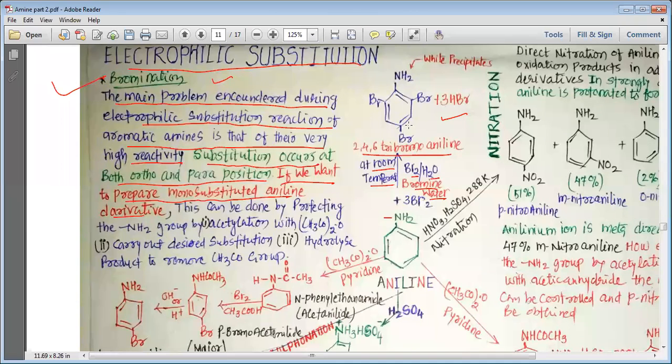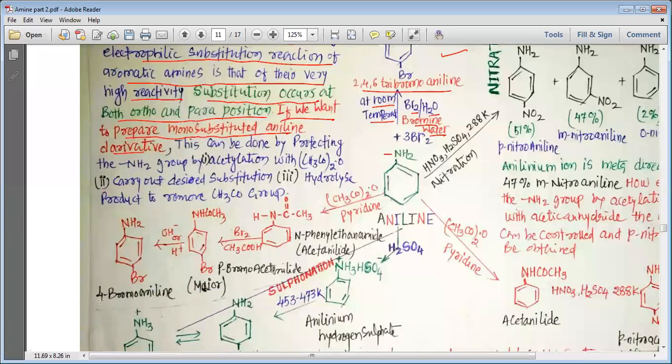Now suppose we want to produce 4-bromoaniline, or para-bromoaniline. We have studied in the last period, my dear students, that NHCOCH3 has the capacity to deactivate the benzene ring, and that is why it decreases the activity of the benzene ring.